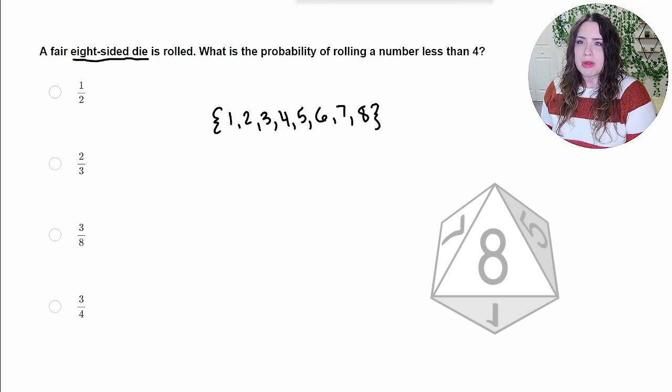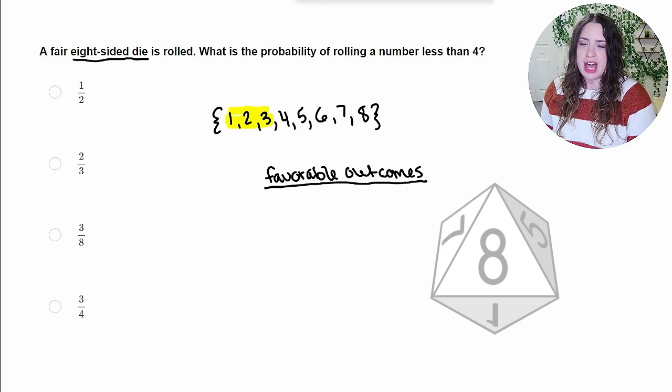And so what is the probability of rolling a number less than 4? If we look at our options, the ones that would be less than 4 would be 1, 2, or 3. So in order for us to find the probability, we need to find the favorable outcomes. And we're going to take that out of the total possibilities.